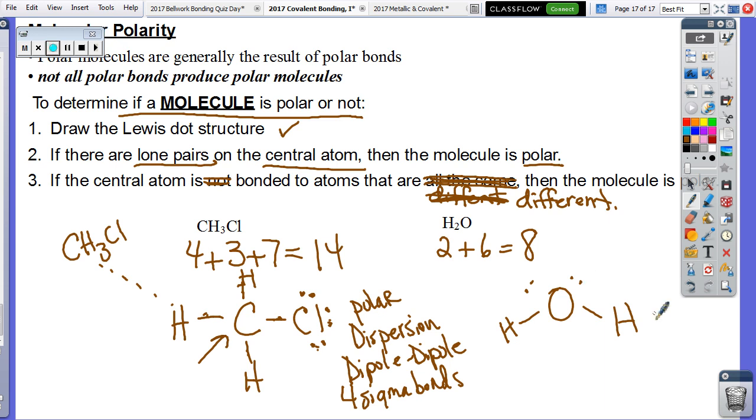We already knew that. Forces of attraction are the same as our CH3Cl, dispersion and dipole-dipole. And sigma and pi bonds, it has 2 sigma bonds because there's actually 2 single bonds.